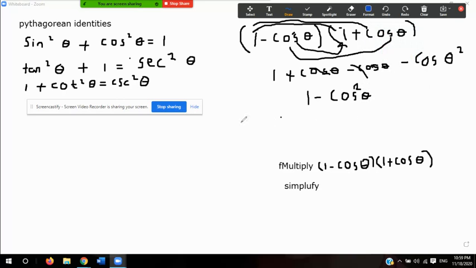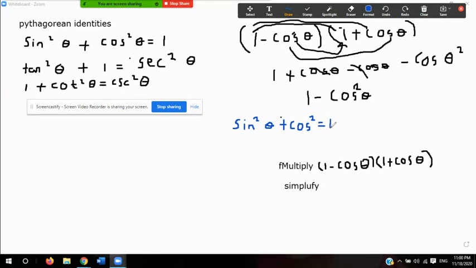My Pythagorean identity says that the sine squared of theta plus the cosine squared of theta equals 1.